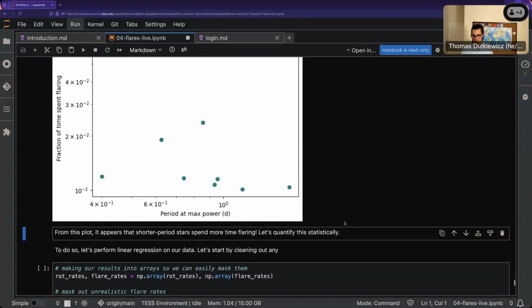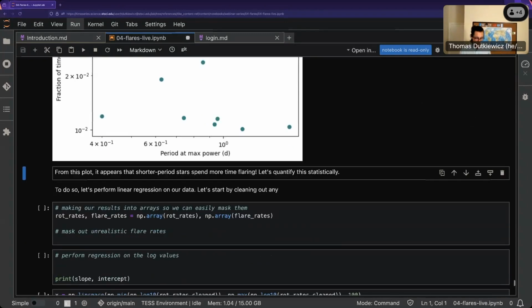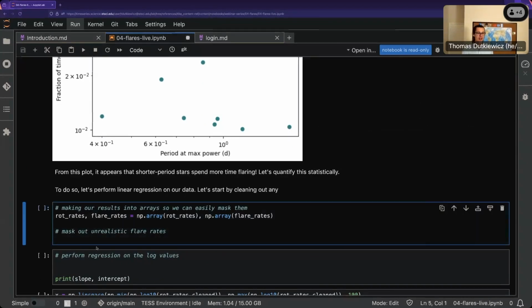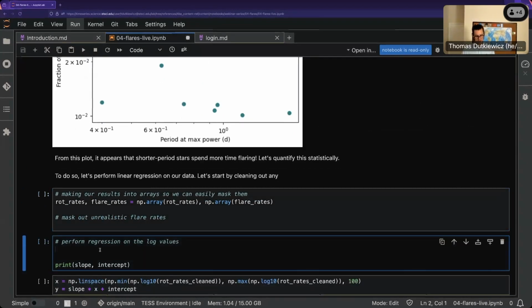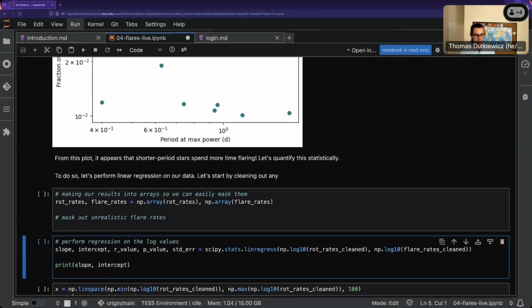There are some more cells down below. I see that I have basically a minute left here. I'll quickly copy paste the code in, but basically all that we're doing is just calculating what a regression for this would look like, and cleaning up any unrealistic values.